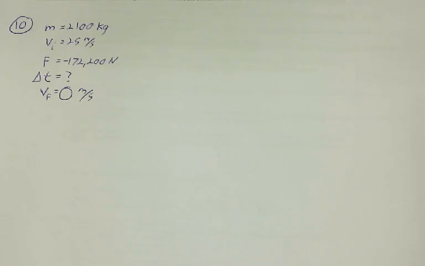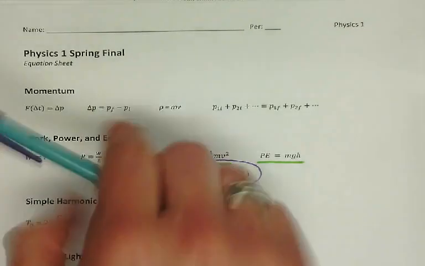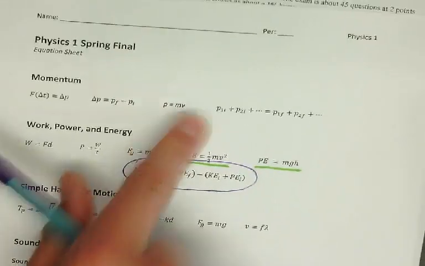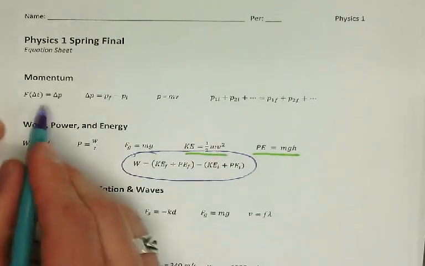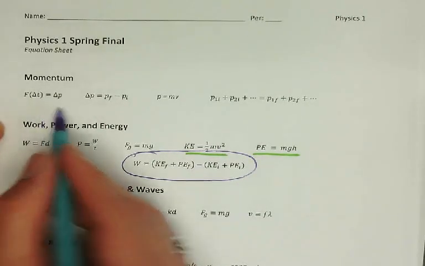So we need to figure out what equation to use. I look at my momentum equations, and I say to myself, okay, it talks about mass, it talks about velocity. That looks like momentum. But it also talks about force, and there's only one equation that has force in it, and that's this first one.